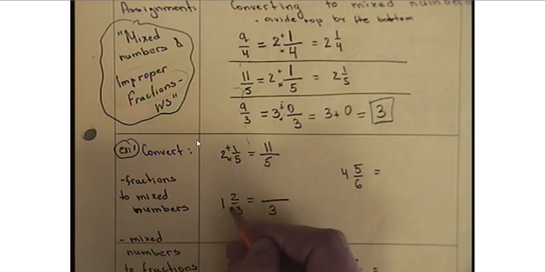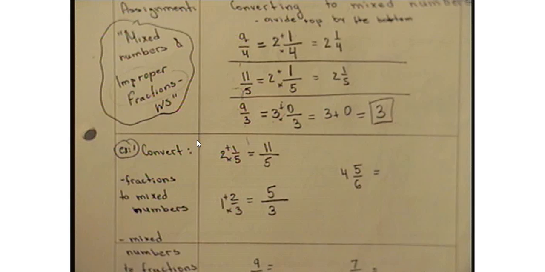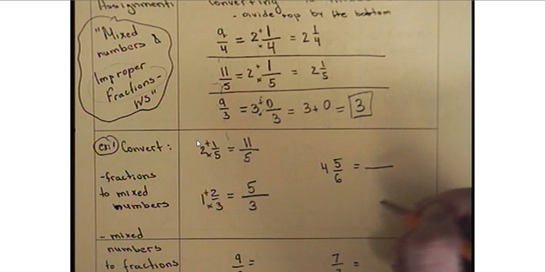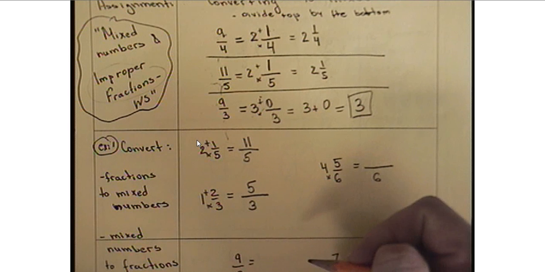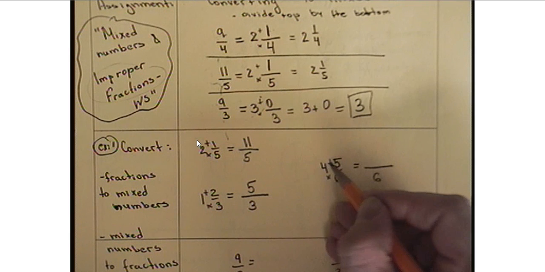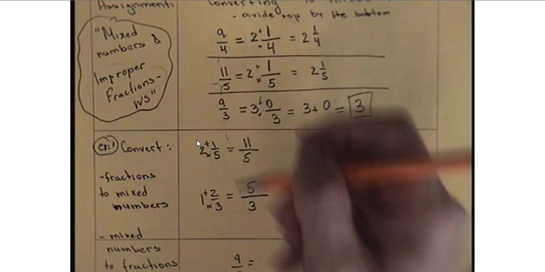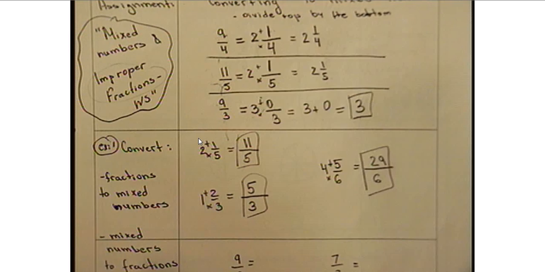Now 3 times 1 is 3, plus 2 will give us 5 over 3. And next example, we have 6 down here. 4 times 6 is 24, plus 5, 29 over 6. And those are the answers we are looking for when we convert from mixed number to improper fraction.